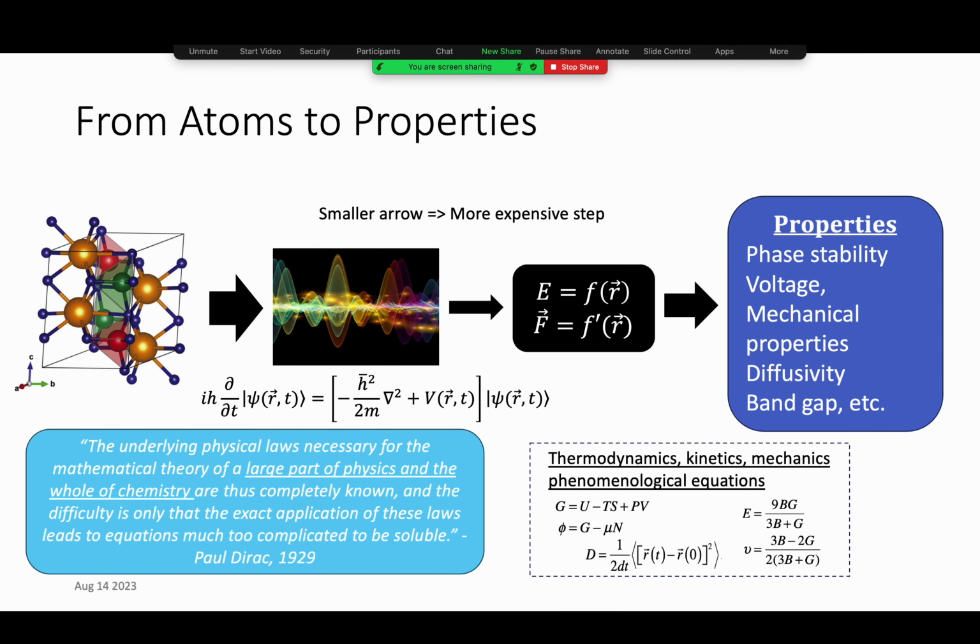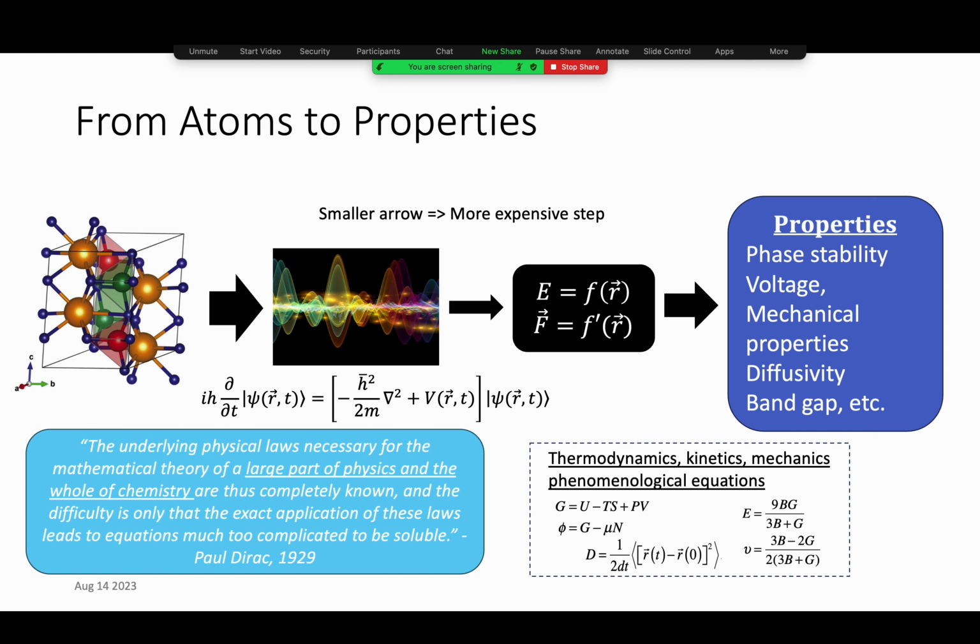Now, let me first start by something that all of us know, right? So whenever we talk about computational material science, we are really talking about the in silico design of materials from atoms to properties, right? And this is a very generic workflow that applies regardless of what kind of field you are going to work in, right?